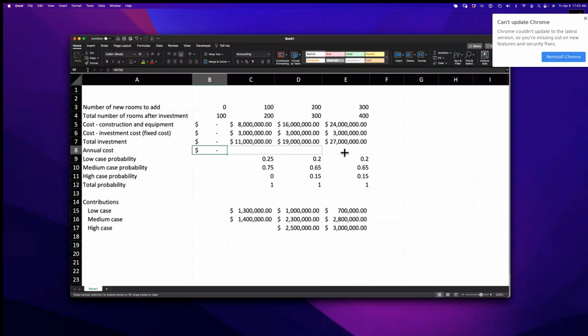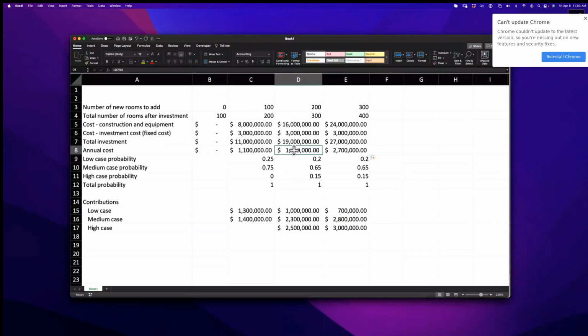I think what they're saying here is that, okay, it's a 19 million total cost, but to break it up into a per year cost, it's going to be 1.9 million if you go for the 200 room option. And now that it's converted to an annual cost rather than a total cost, you can compare them with these to see if we have a net profit.